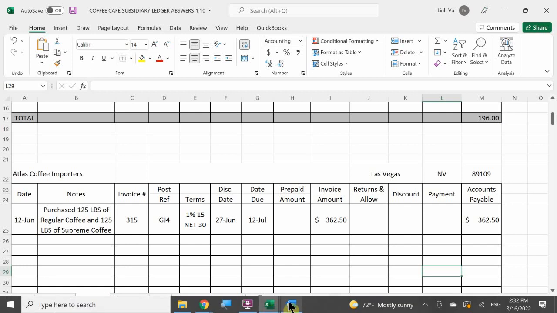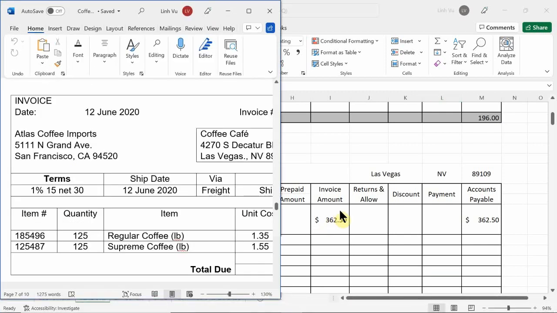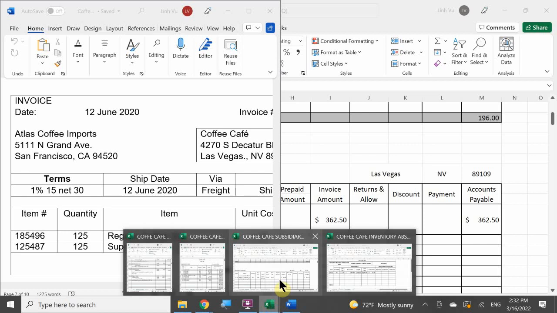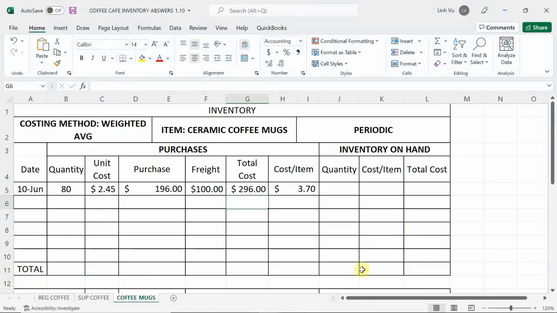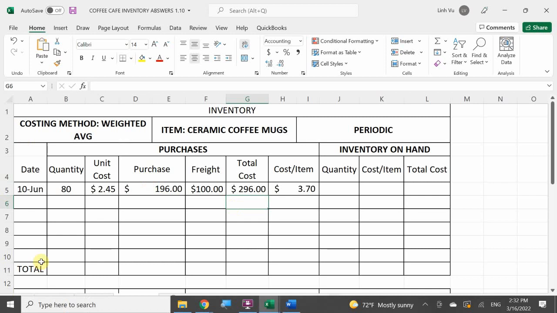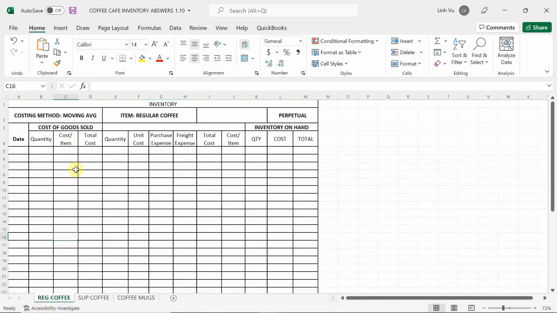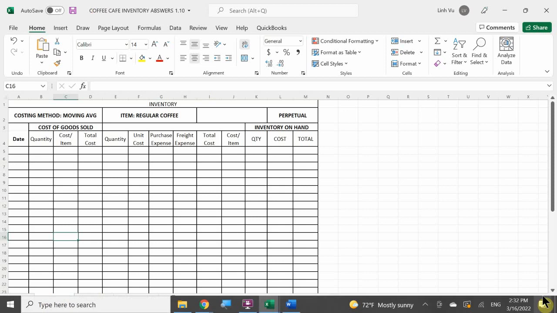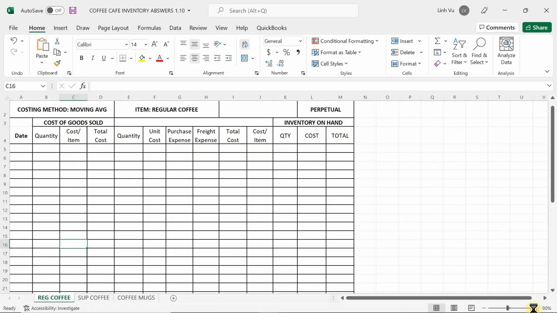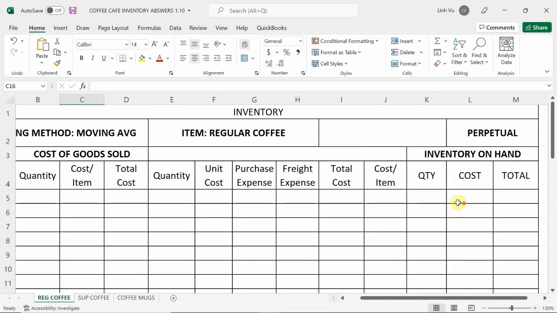All right. Since we're done our journal, our ledger, our subsidiary ledger, last one because we have inventory, we now need to introduce, which we already did last time, we need to go ahead and update our inventory as well. So here, my regular coffee account, let's go ahead and fill this in accordingly.